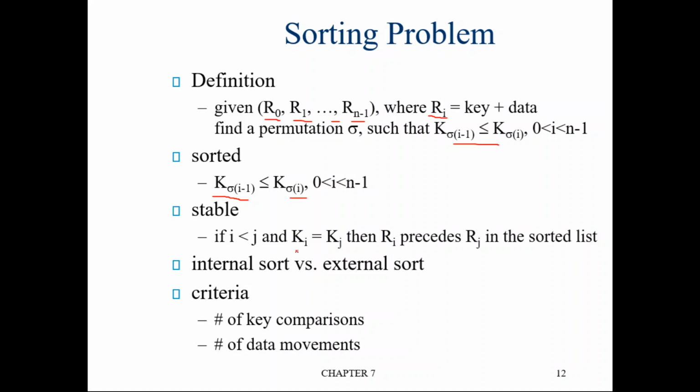If two keys are the same, say key 2 and key 10, and i is less than j, then the object ri will come before rj.